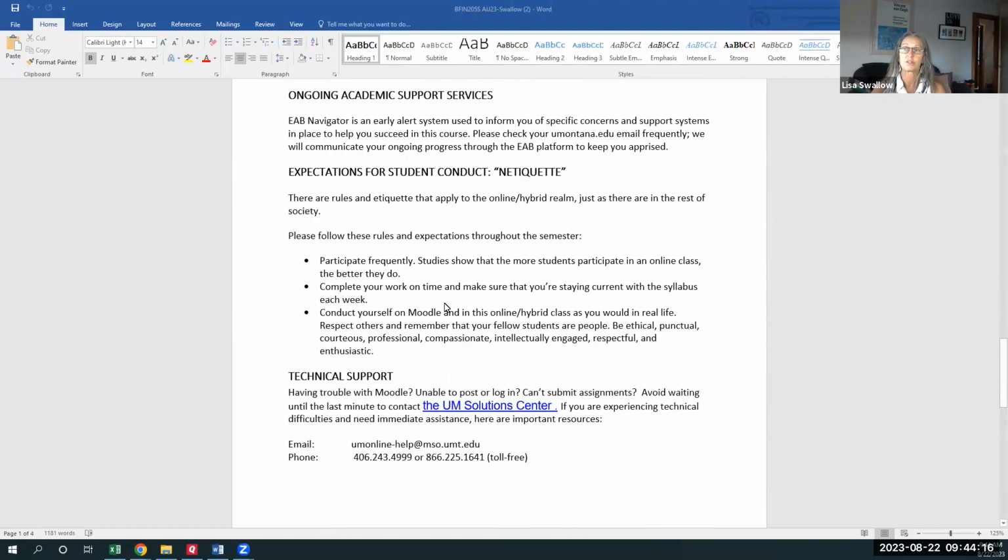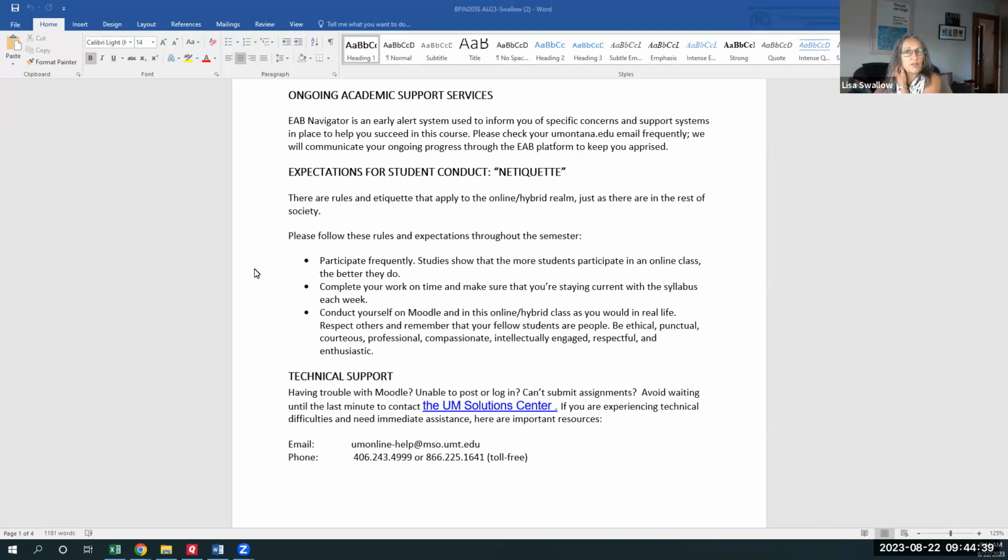if that is something that you need some additional support with. We also have an early alert system, EAB, that helps us identify students that are struggling, like missing assignments or not showing up for class or failing exams. And so we try to create a team and help understand what your needs are.